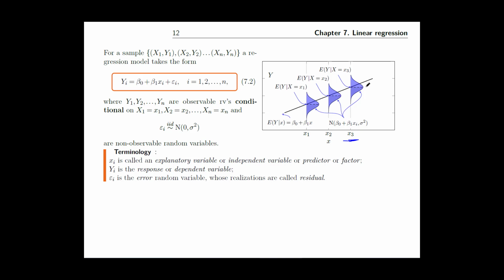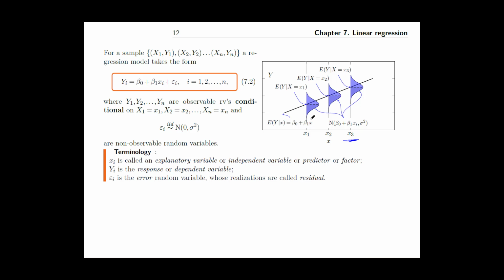But then there's a distribution around y, and that's the effect of the error term, that it's normally distributed. So for each value of x, the variable y will have a mean given by the line, and then it's going to distribute according to the normal distribution with variance sigma squared.